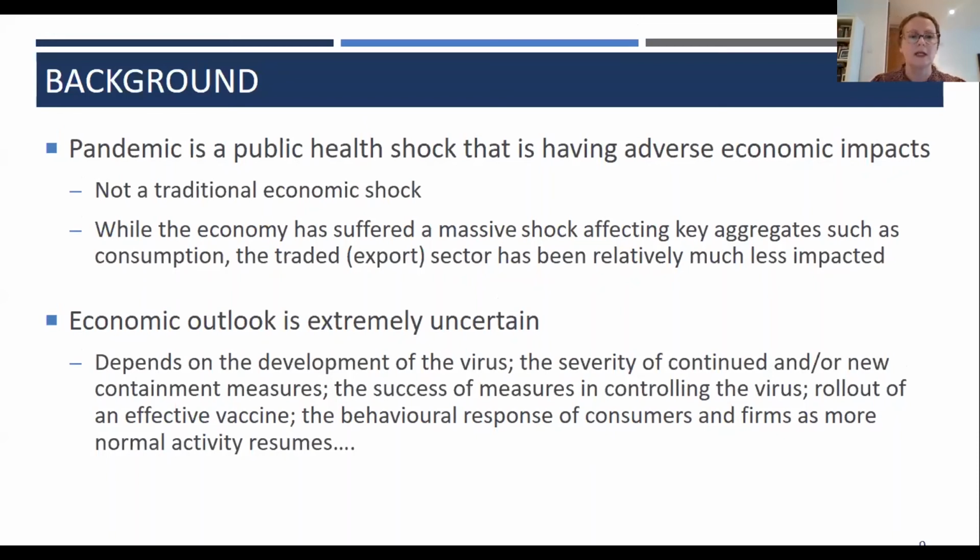It's not a traditional economic shock. It's having very uneven impacts across the economy. So while the economy has suffered a massive shock affecting key aggregates like consumption and domestic demand, the traded or export sector has been relatively much less impacted.